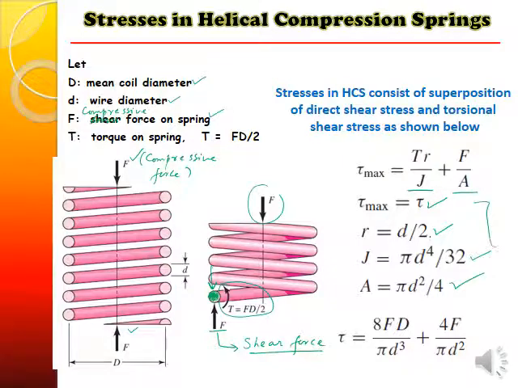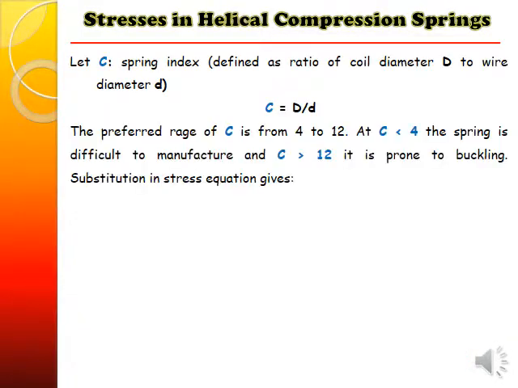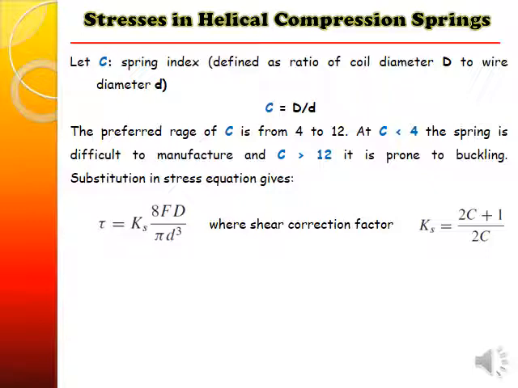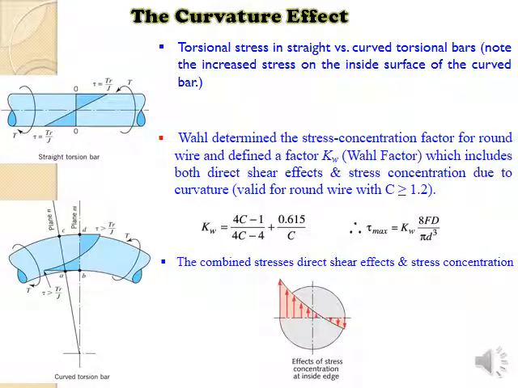If we substitute here, we can simplify it, and you can see that the stress depends on the shear force, mean coil diameter, and wire diameter. This is the stress in a helical compression spring. What we have is the Ks that you can see over here. But now we have the Wahl factor.